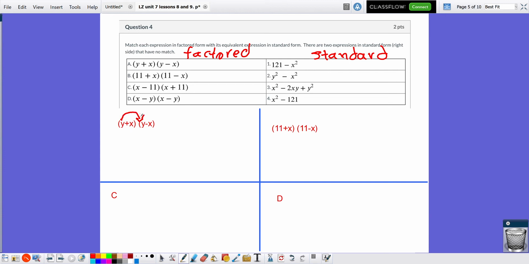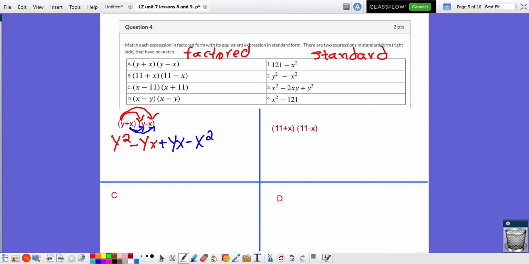So we can multiply y times y and y times negative x. Y times y is y squared. Y times negative x, I would say negative yx. It doesn't matter if you say yx or xy. So now I will multiply x times y and x times negative x. So positive x times positive y will give me positive yx, and then x times negative x will give me negative x squared.